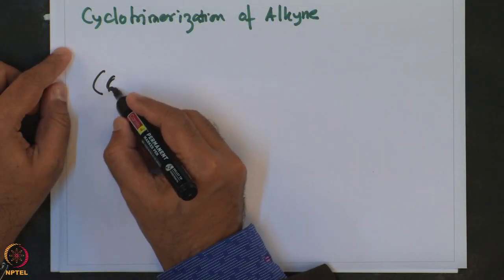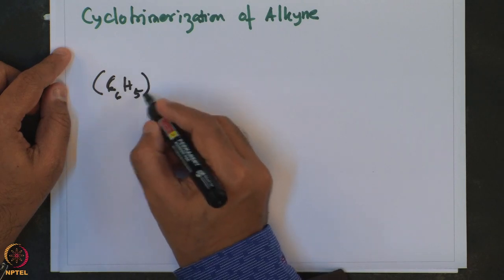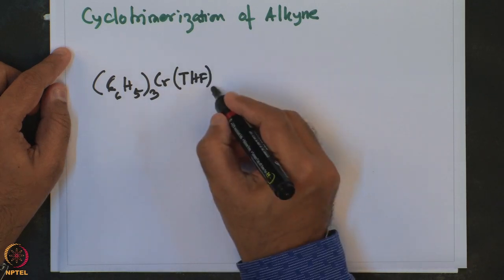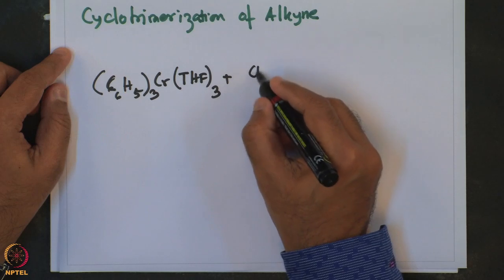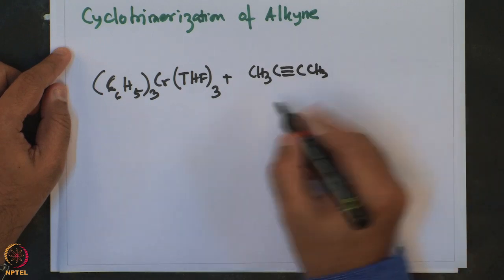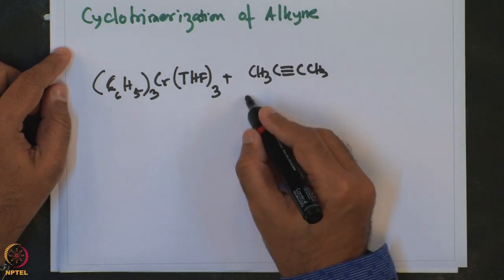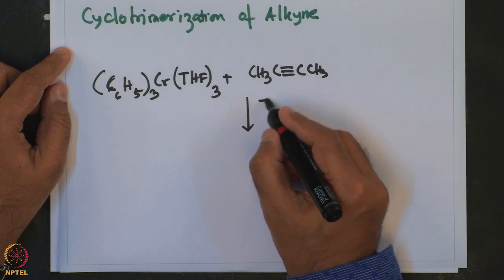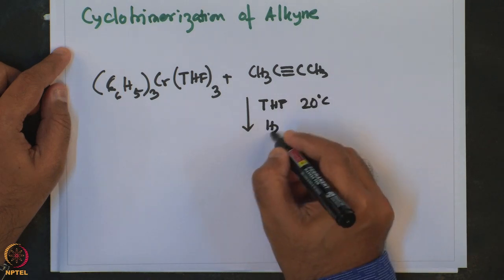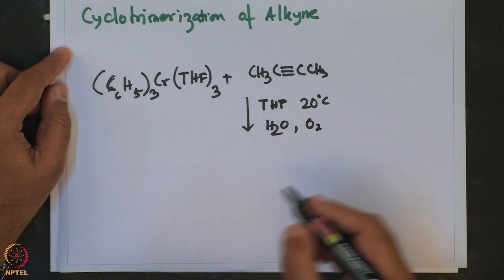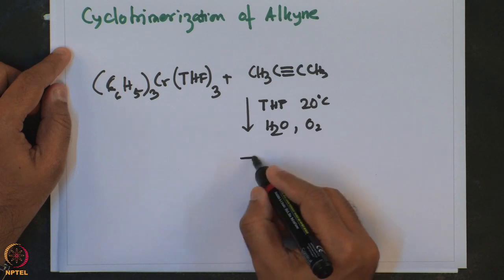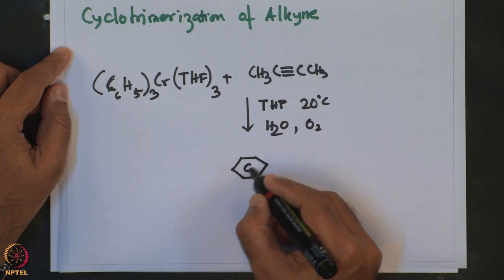(C6H5)3Cr(THF)3 plus CH3 C triple bond C CH3, in presence of THF at 20 degrees centigrade, water, oxygen, giving this bis-arene complex of hexamethylbenzene.